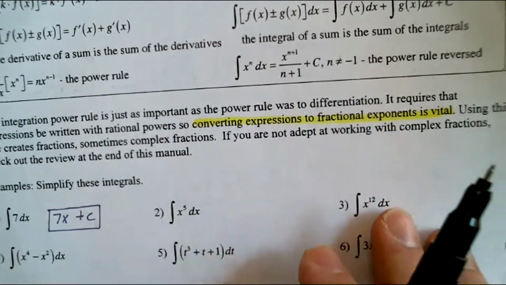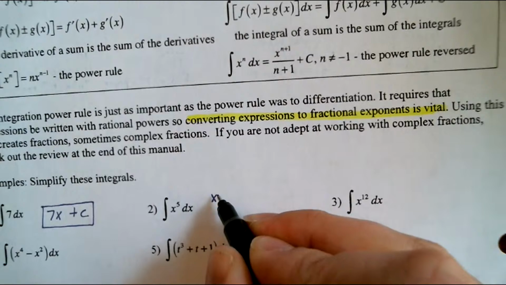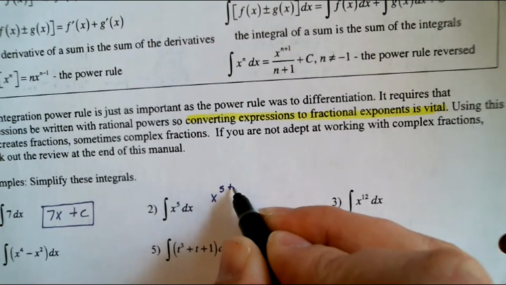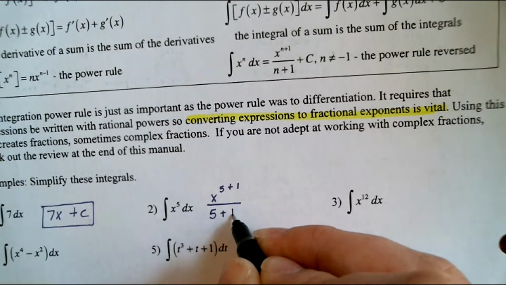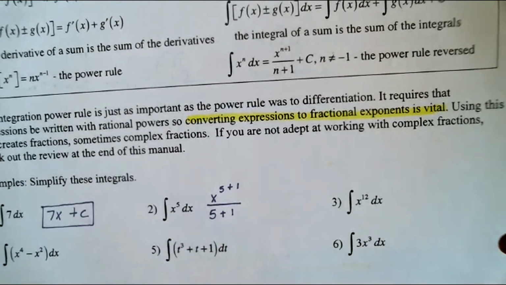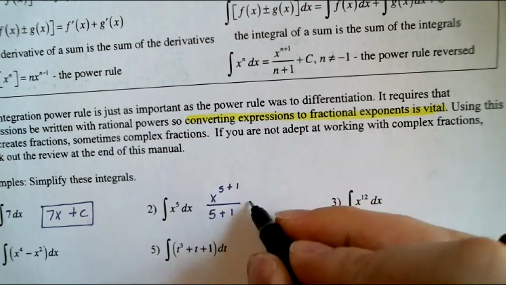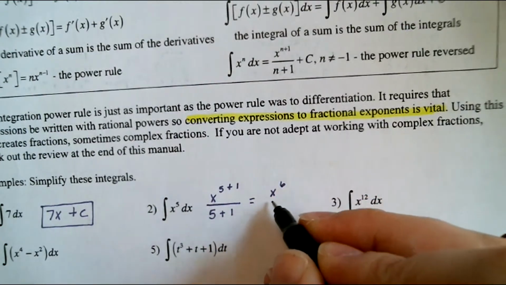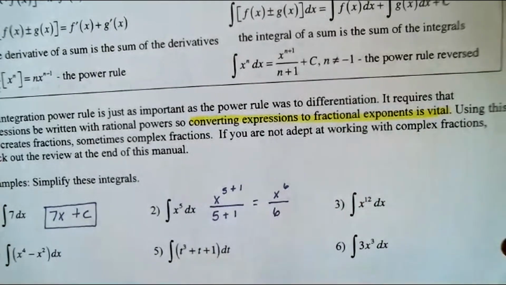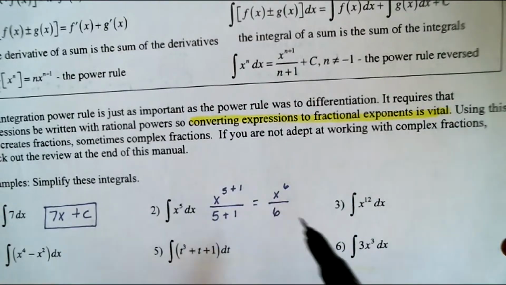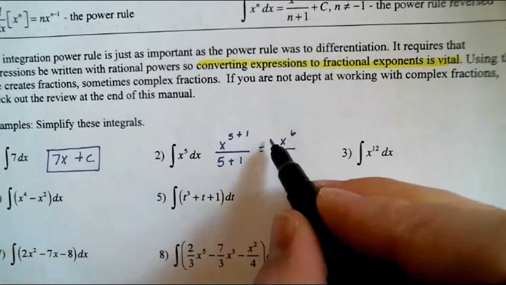So it should look something like this: x to the 5th plus 1 over 5 plus 1. That would lead us to x to the 6 over 6. And that right there would be my answer.